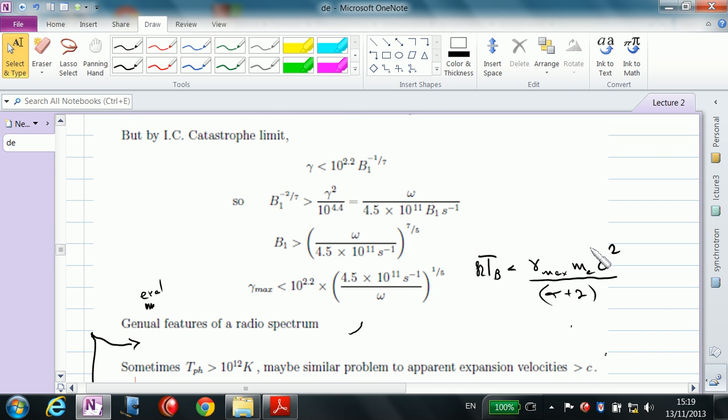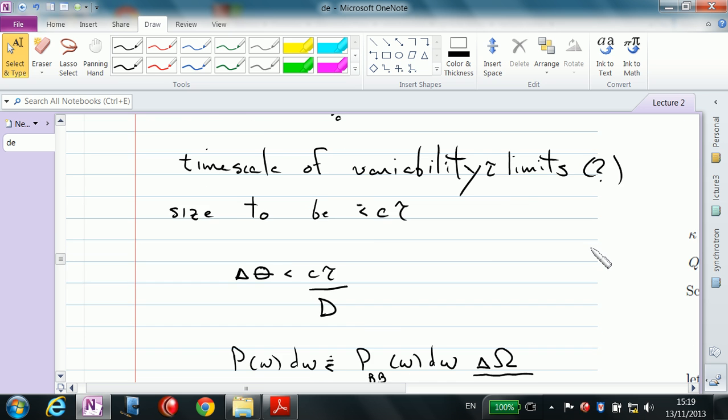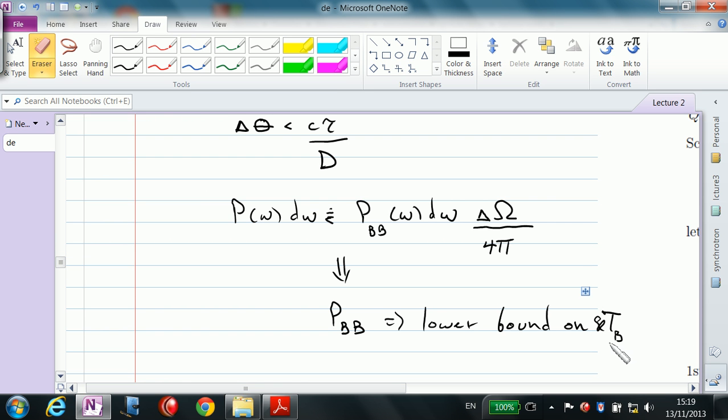T photon. All right, it sets a lower bound on the brightness temperature of the photons. Okay, now that's all well and good. The problem is that the lower bound occasionally would be greater than 10 to the 12th degrees.